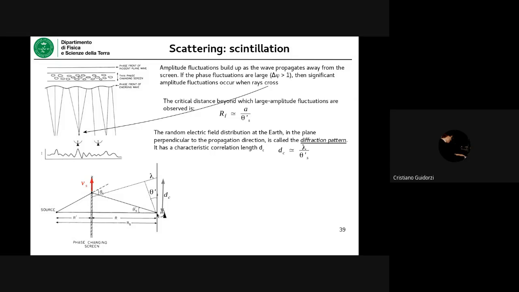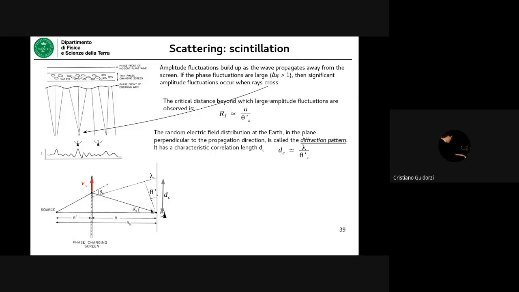But this means that you will have no correlation between one point here, for example, and another point here, as soon as the difference in the travel path of the wave gets comparable to what? To lambda itself. Because in that case, the phase shift is so big that, of course, you might have destructive interference or comparable with.